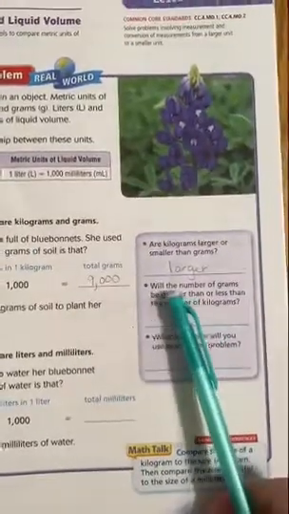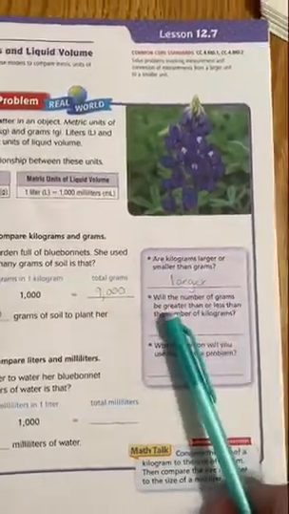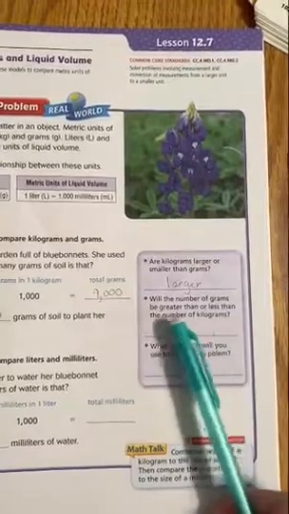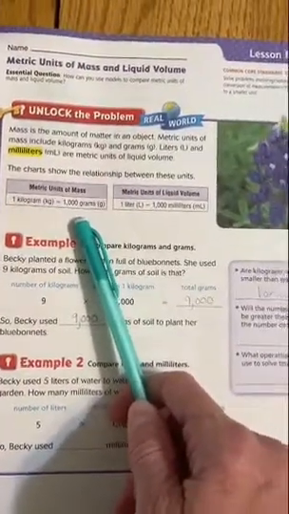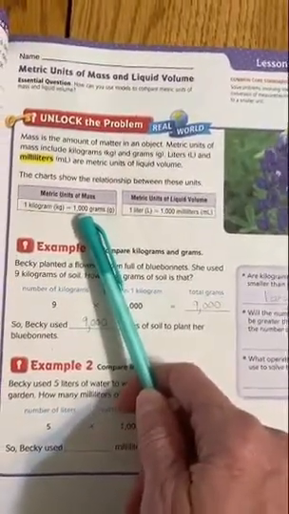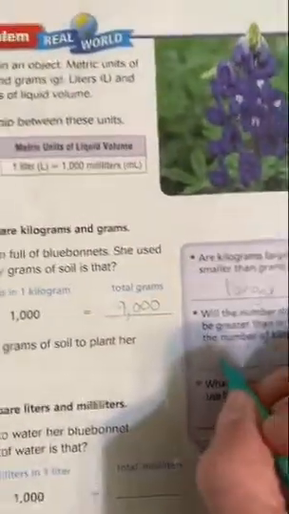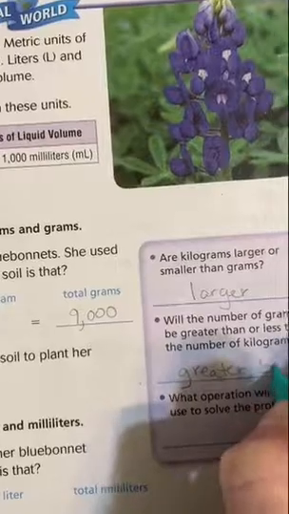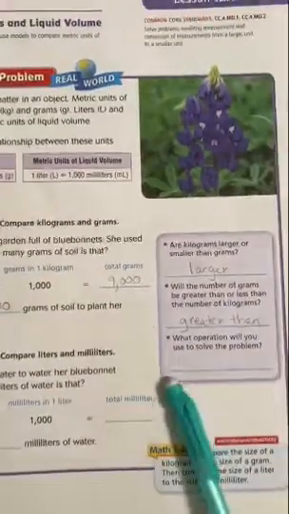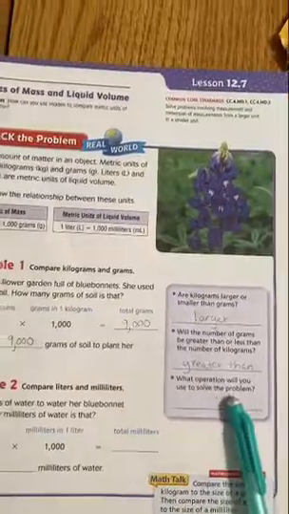Question 2: will the number of grams be greater than or less than the number of kilograms? You have 1 kilogram and 1,000 grams, so 1,000 is greater than 1. So greater than. And what operation did we use to solve the problem? We used multiplication.